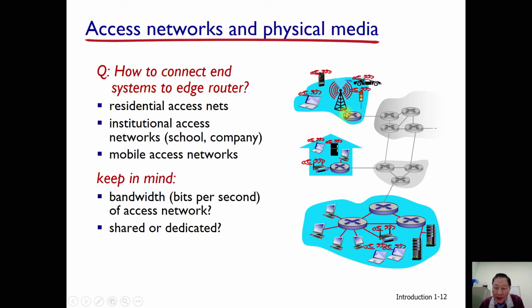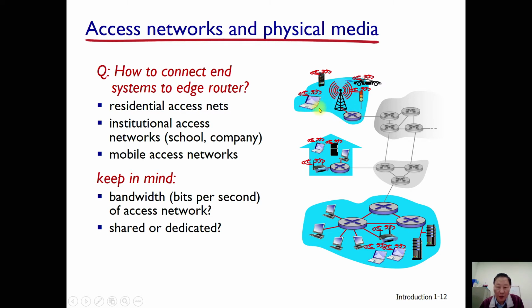Here you can see this is a router. To send through this network infrastructure, we should first send our message to this access point, that is the router. Thus, we should be able to connect to here.